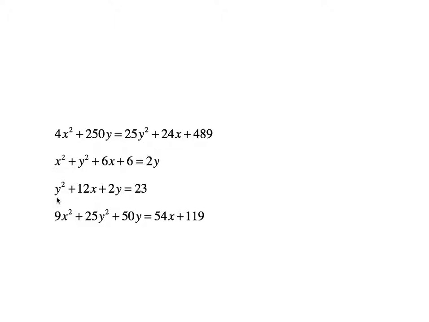Now in the next equation, only one of the variables has a quadratic term, and so that tells us that the equation describes a parabola. And finally, in the last equation here, both positive quadratic terms are on the same side of the equation, which tells us that the equation describes an ellipse.